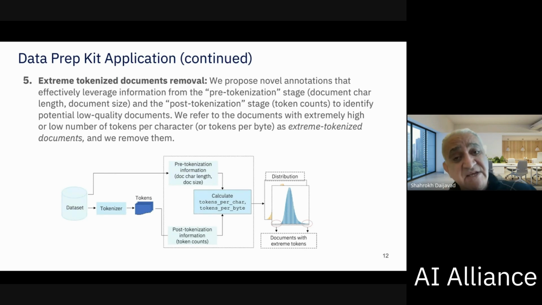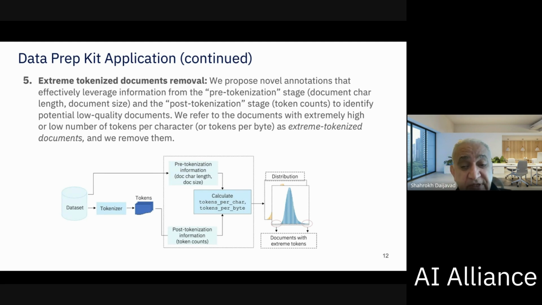A very interesting one is the fifth one, extreme tokenized documents. This is a very novel way of doing things. We propose annotations that leverage information from both before and after tokenization. Before we tokenize, we have the document character length, the document size, and so on. After we tokenize, we have token counts.